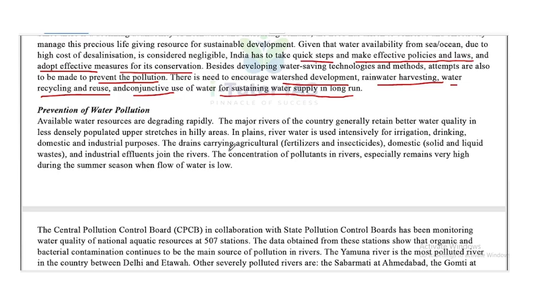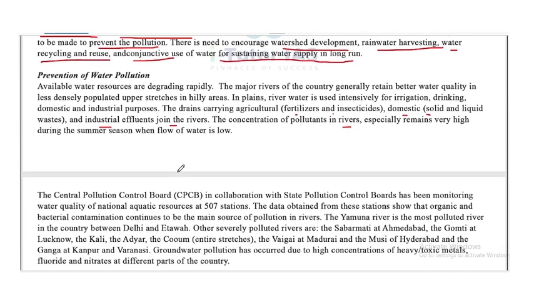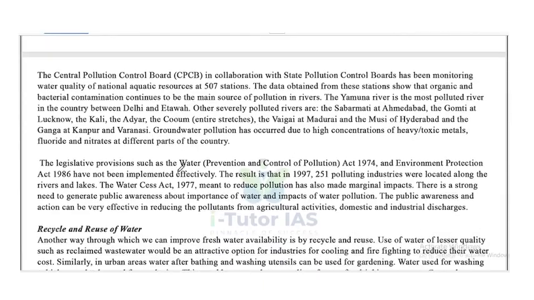The drains carrying agricultural waste, that is fertilizers and insecticides, then domestic solid and liquid waste, and industrial effluents join the rivers. The concentration of pollutants in rivers remains especially very high during the summer season, when the flow of water is low. Okay, so the concentration of pollutants is especially high during the summer season because the flow of water is very low at that time.